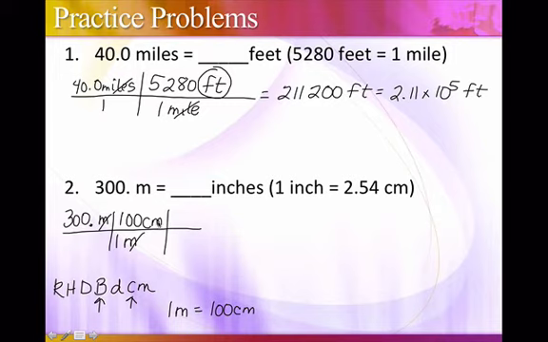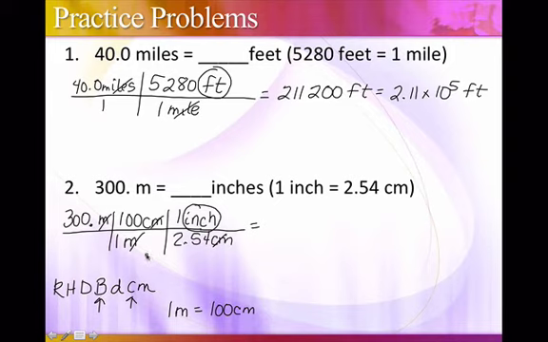Now I'm in centimeters. Well, now I can use this because this has centimeters as well. So I'm going to take the 2.54 centimeters and put it on the bottom. And the 1 inch is going to go on top. So my centimeter and my centimeter go away. I'm left in inches, which is what they asked me for. So I'm finished with the setup of my problem.